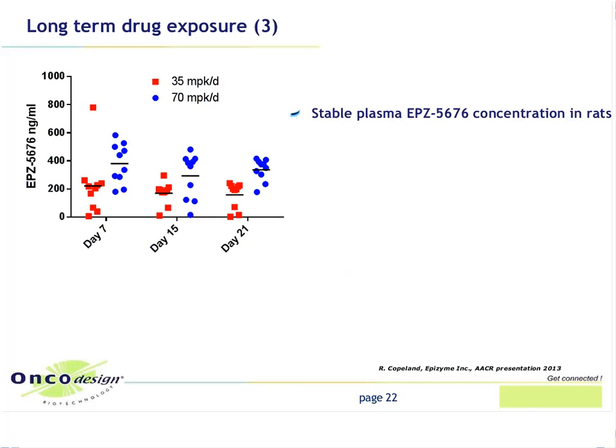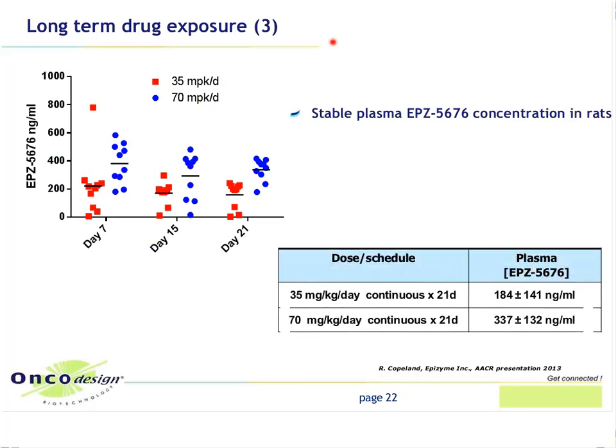And we established that the plasma drug concentration was about 180 for those of 35 and about 340 for those of 70 mg/kg. For sure, these data were very potent and nice to move forward for Epizyme projects.